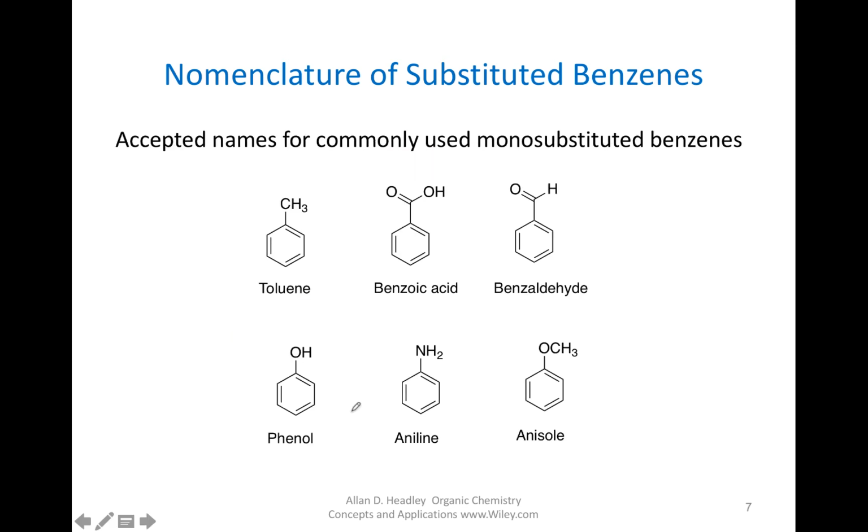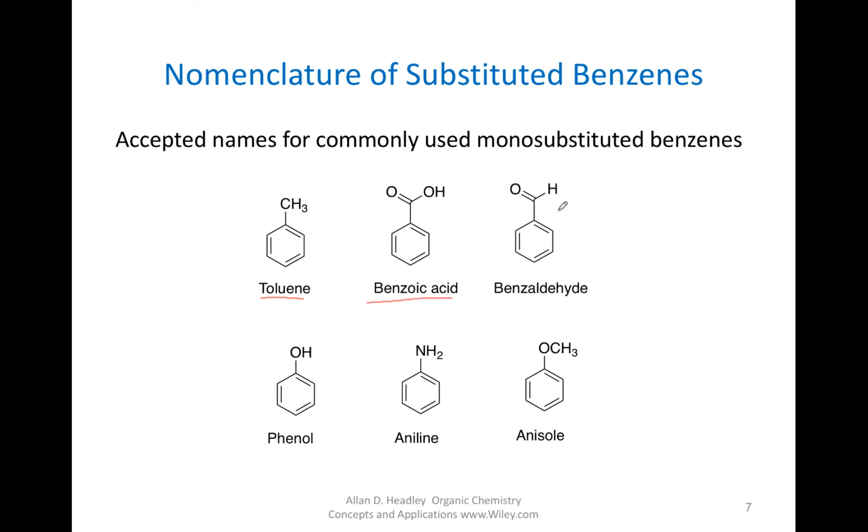There are some monosubstituted benzenes that have common names, and they are accepted names in the IUPAC system. So for example, benzene that has a methyl group is known as toluene. Benzene that has a carboxylic acid functionality, of course, as you know, is known as benzoic acid.